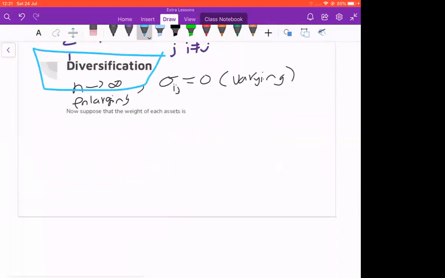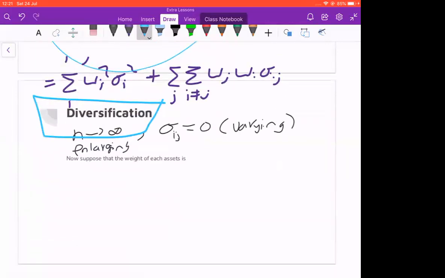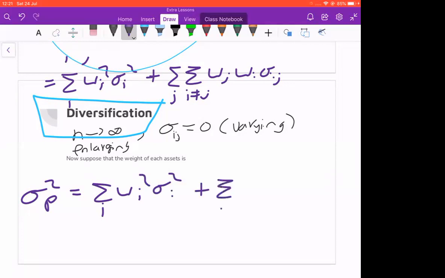We have already said that this is your return, so the variance of your portfolio is the sum of weight i squared sigma i squared plus the sum over i, j of weight i, weight j, sigma ij, right?